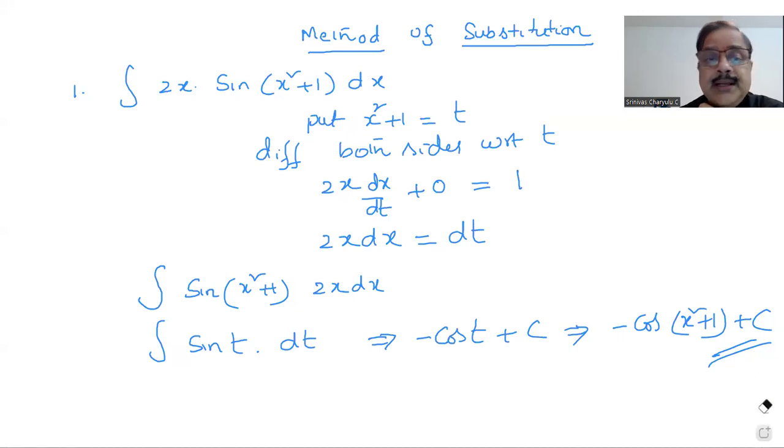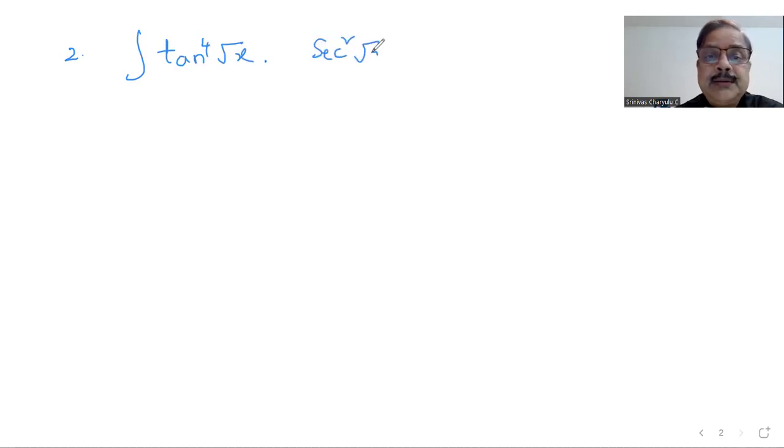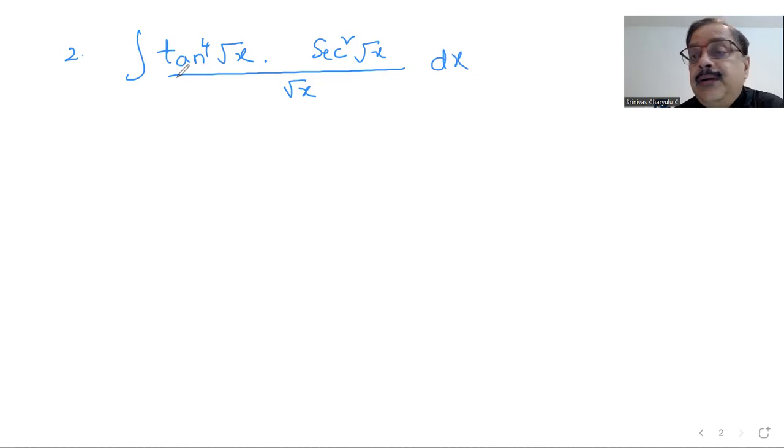Let us go to the next sum. Integral tan to the power of 4 root x, secant square root x, whole thing divided by root x dx. See the sum here: tan to the power of 4 root x, secant square root x, root x.